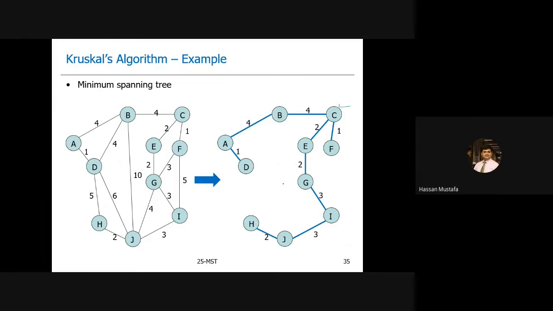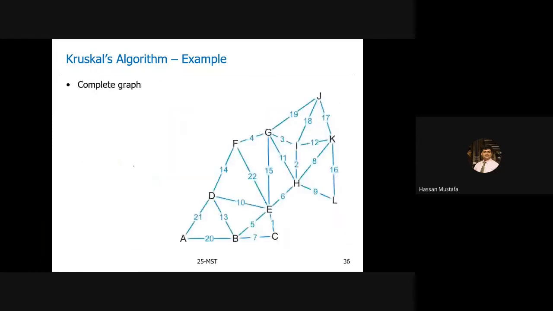Now we'll discuss a few more details of this algorithm. There was a step of detecting a cycle in the graph. So how can we do that? So for example, that's another graph.